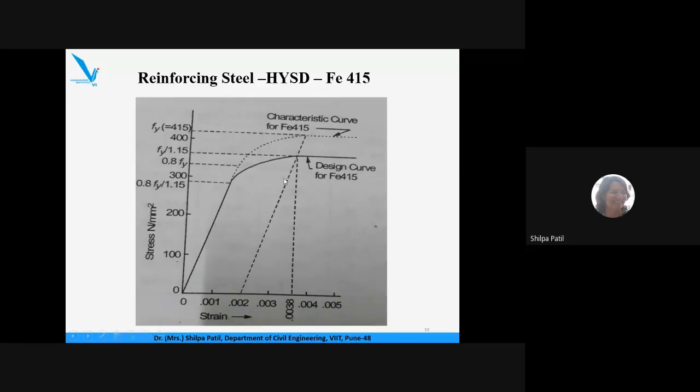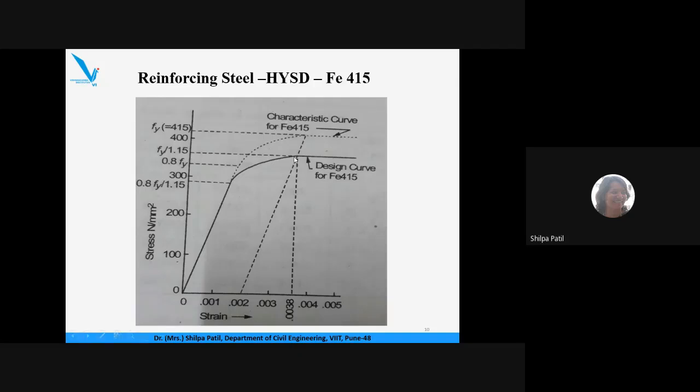Now, what is happening in case of the HYSD bar, as there is no linear portion found in the curve, we obtain a curved part or non-linear zone here. This is the non-linear zone. So how to find out the strength value or the strain value over here?